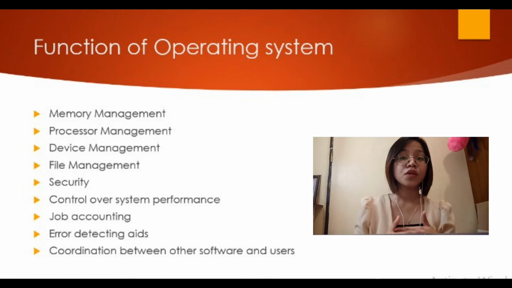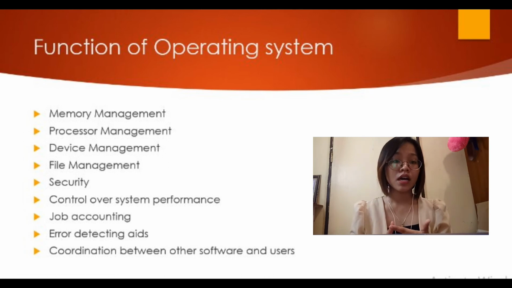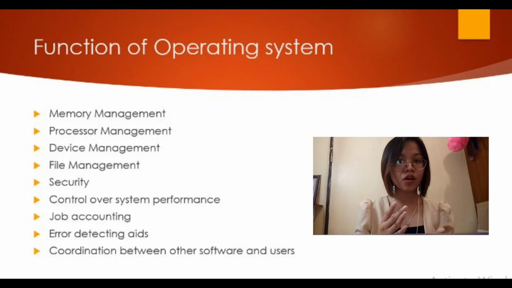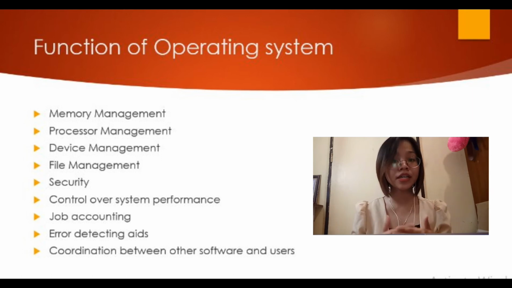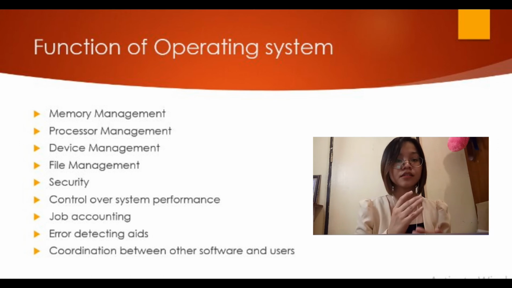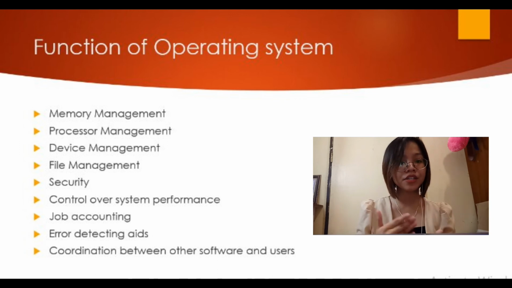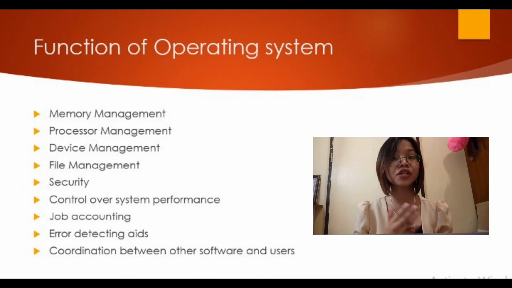Device management manages device communication via their respective drivers and keeps track of all devices. File management is normally organized into directories for easy navigation and usage. And security uses passwords and similar techniques that prevent unauthorized access to programs and data.